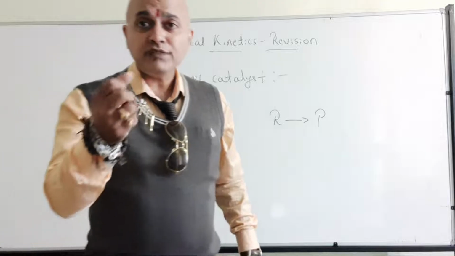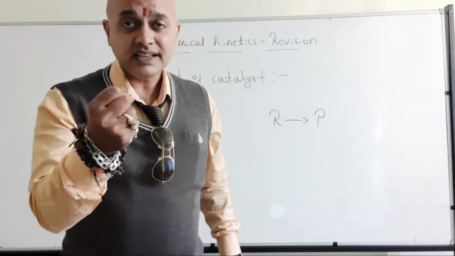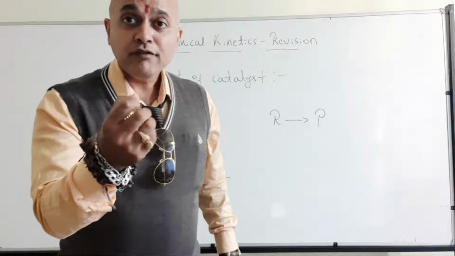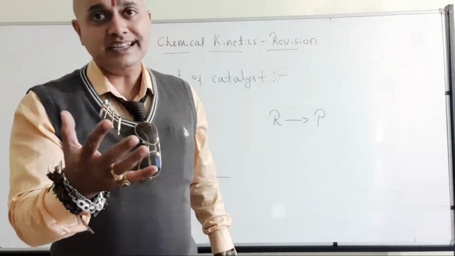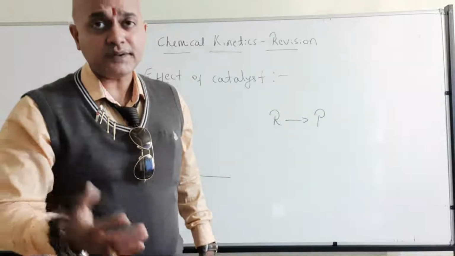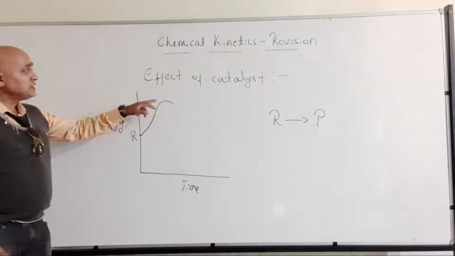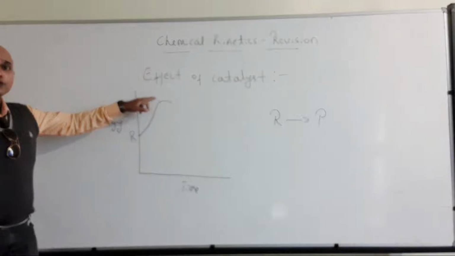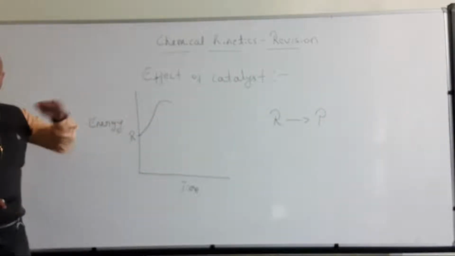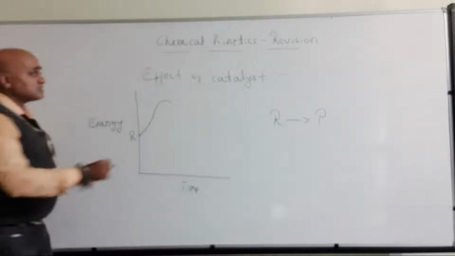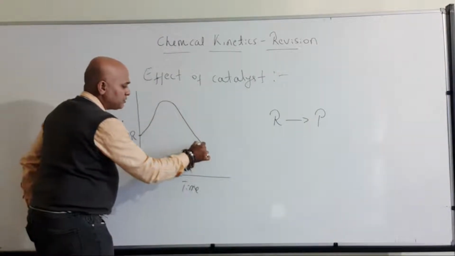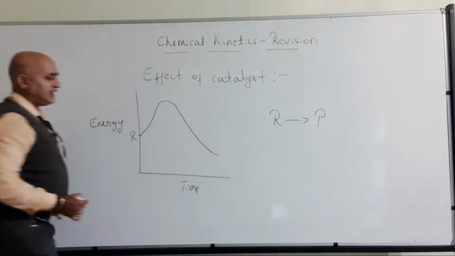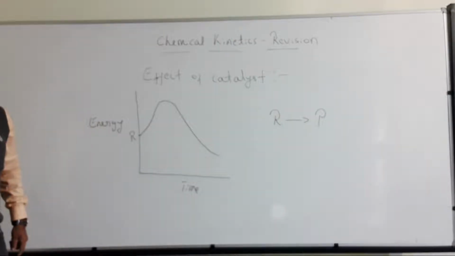So when I am holding my fingers like this, it is at higher energy. When I am releasing my fingers, it is under a relaxed condition, that means lower energy. What I mean to tell you is that whichever is at higher energy should be unstable. It's a temporary state, so immediately it will come to the lower energy state.